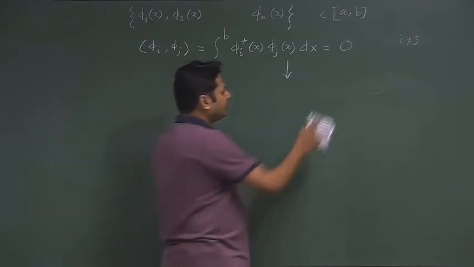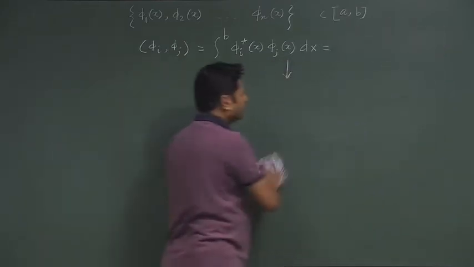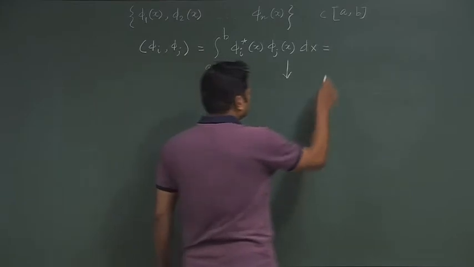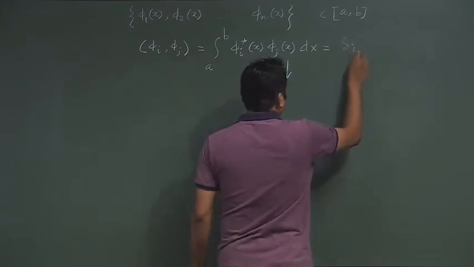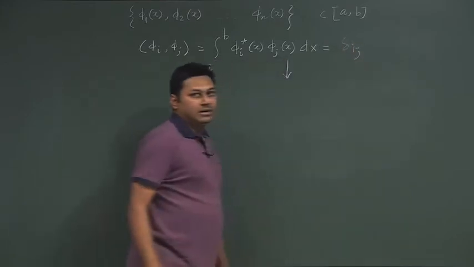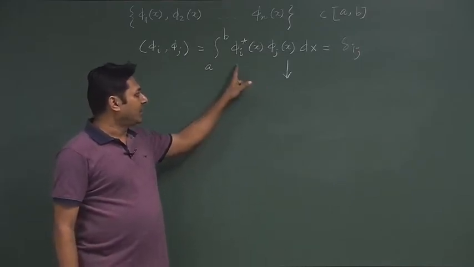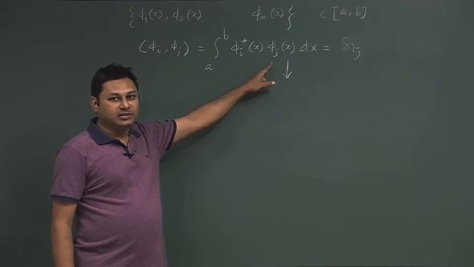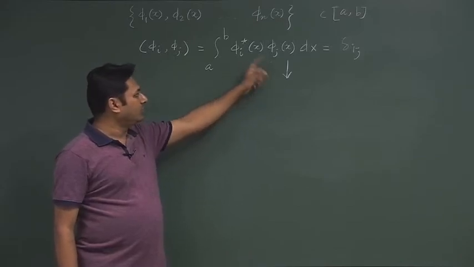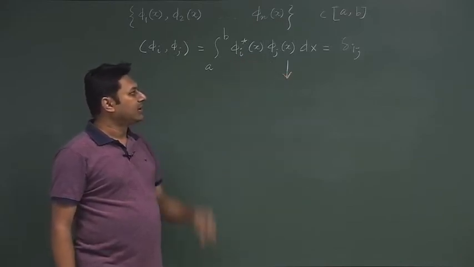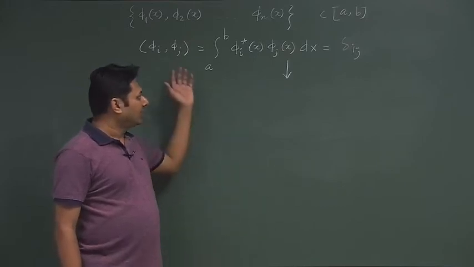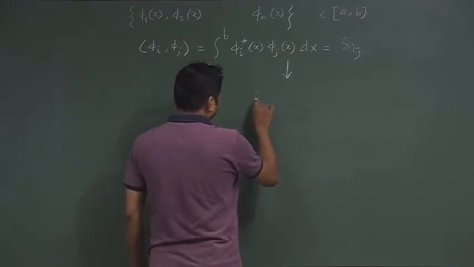Now, I slightly change this because they are now normalized, so I should write it as delta ij. If I write this as delta ij, that means when i is equal to j, then it is 1, and if i is not equal to j, then it is 0. Then we call these orthonormal functions.